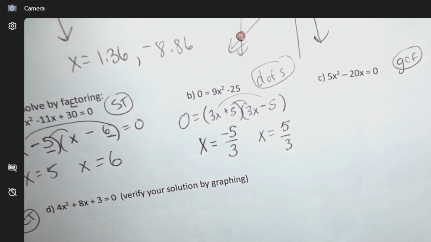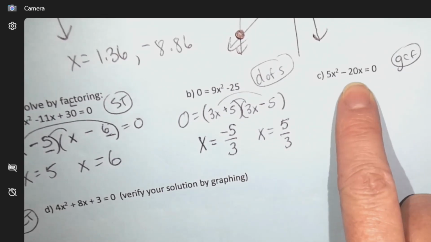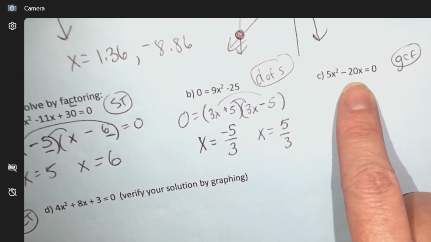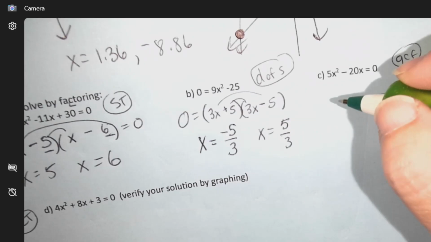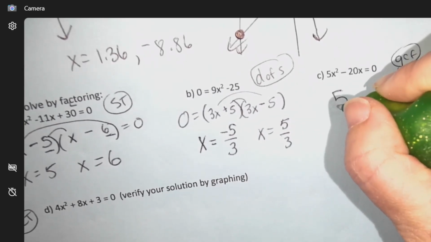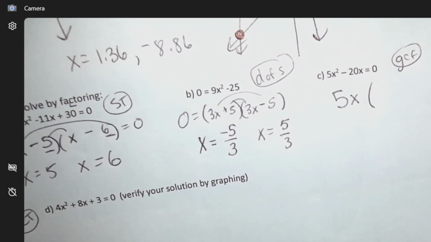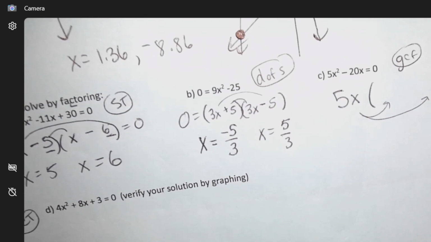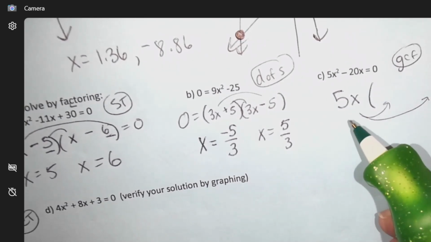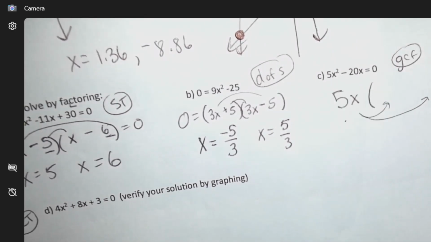Okay, so the GCF, I see 2 terms, and then I can see a common factor within each of them. So what are they both commonly divisible by? I could divide them both by a 5 and by an x. So 5x times what makes 5x squared?